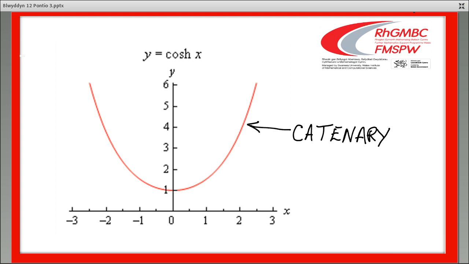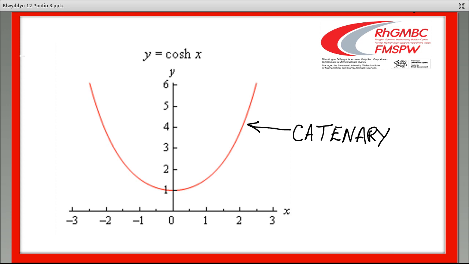If, for example, you wanted to construct your own version of a catenary, it is very, very simple to do. Obviously, it all depends on the values of x that you take and whether you zoom in on the picture or zoom out.